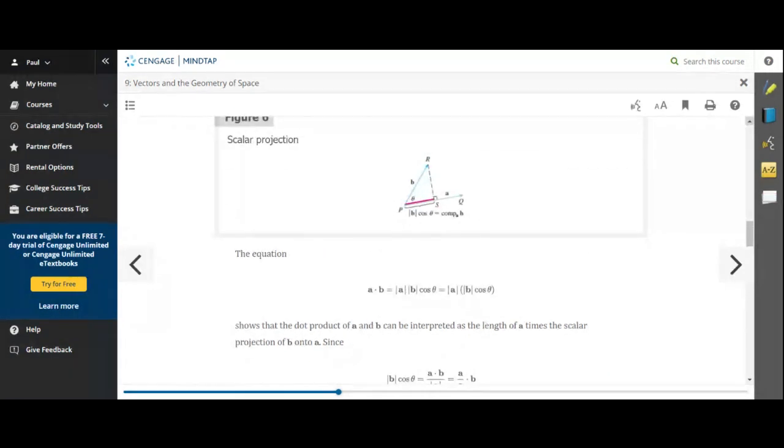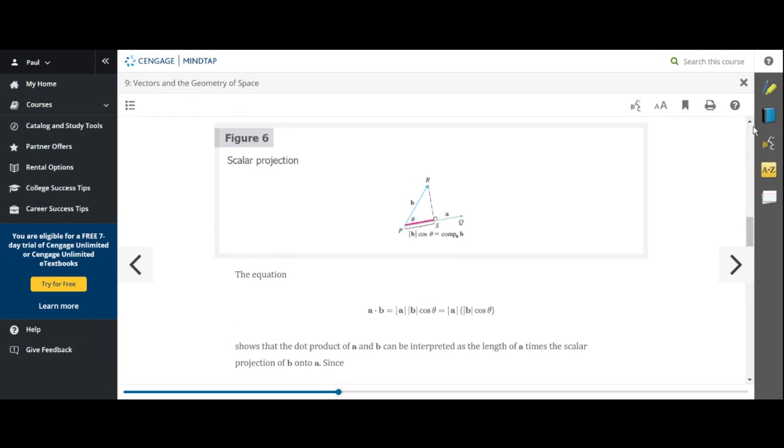Basically the scalar projection, if you look at figure 6, the projection of the vector B onto A, the magnitude of that projection vector would be the magnitude of the vector B times the cosine of theta, because the cosine of theta is equal to the length of the adjacent side of that right triangle over the length of the hypotenuse, which would be the length of the vector B. And so the projection vector has length given by the length of B times the cosine of theta.